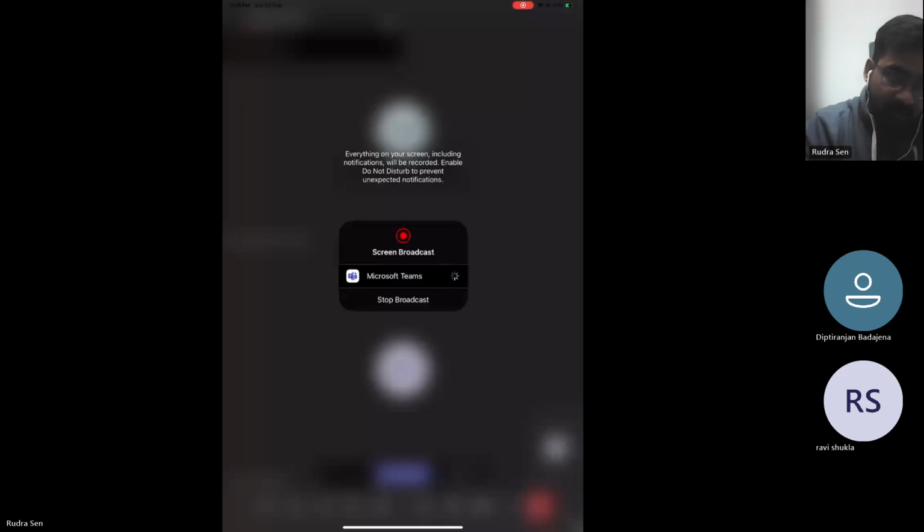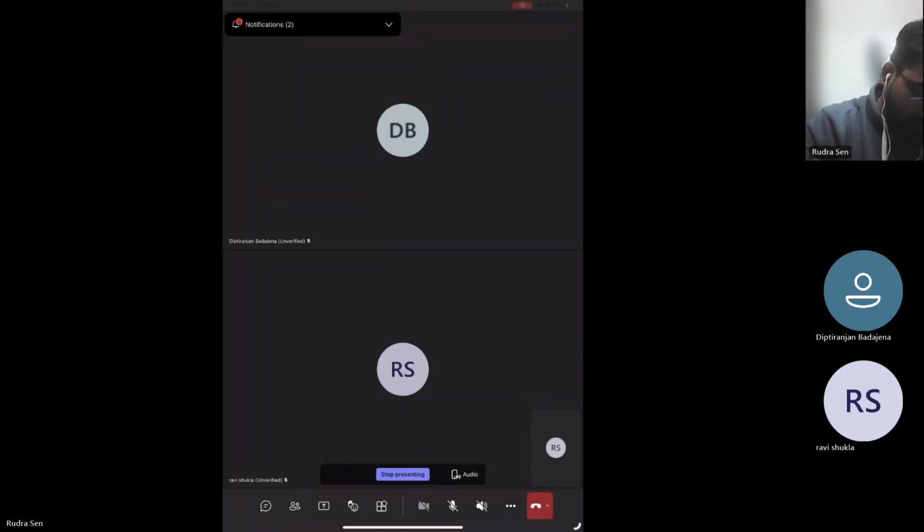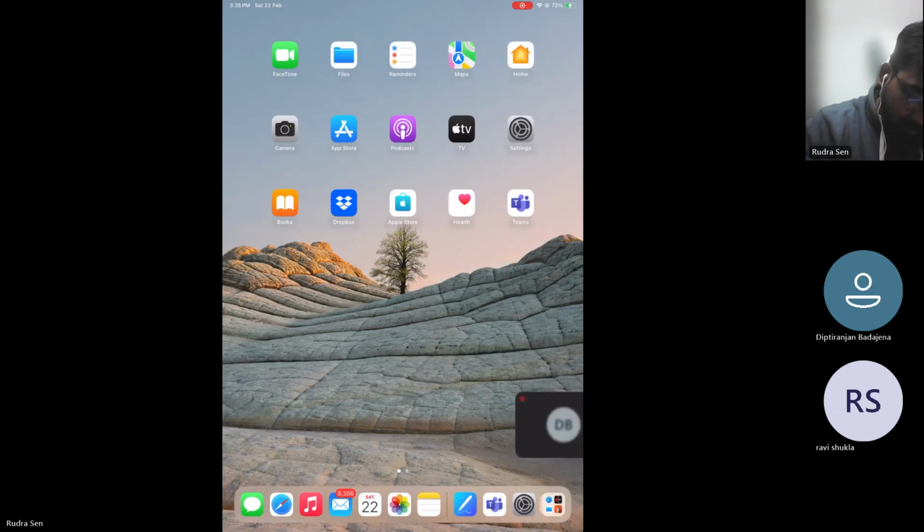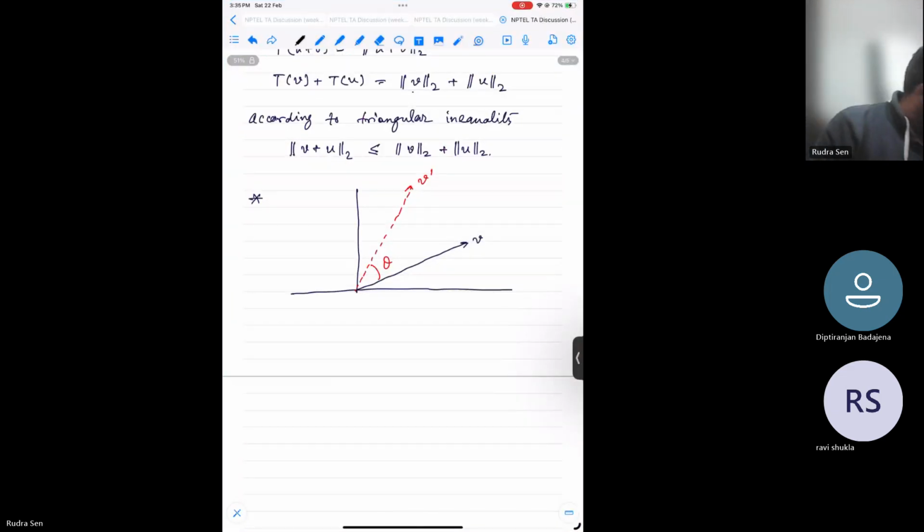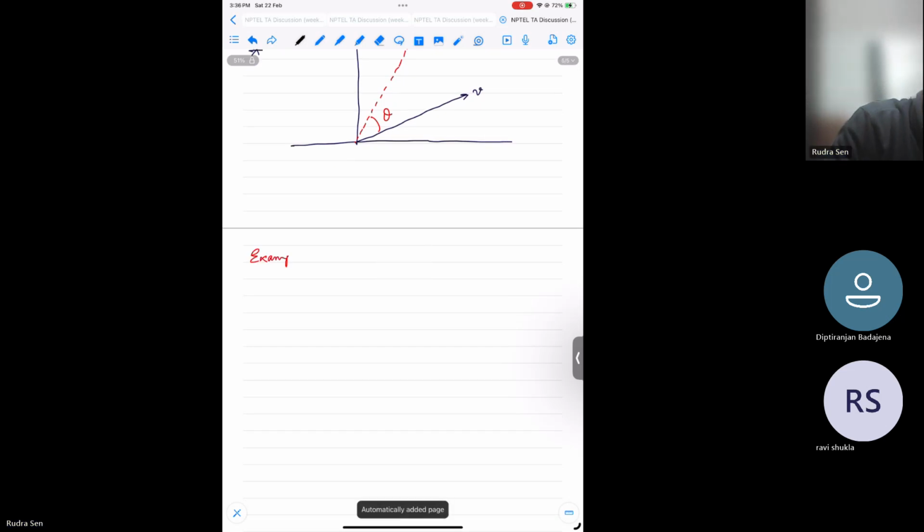Example-wise, if we see the elimination matrix, what is the elimination matrix?